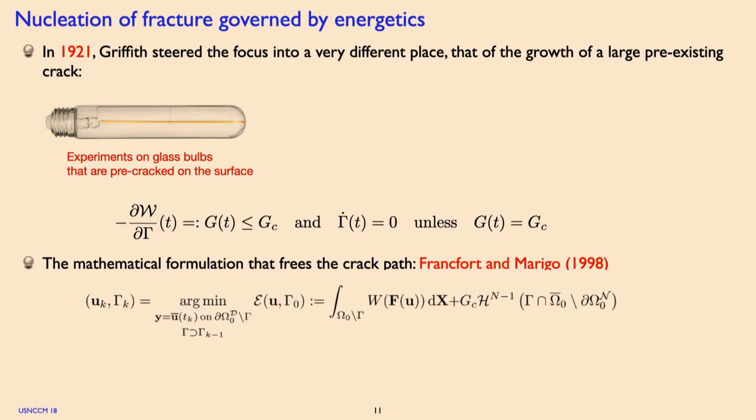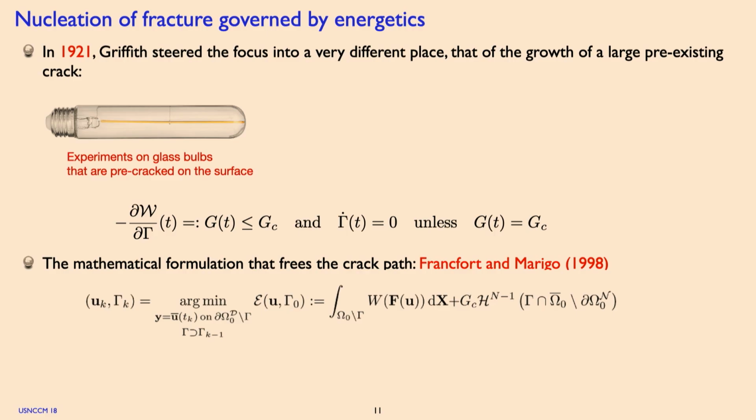break? Okay? Griffith was focused on a very different question. Griffith, in his famous experiments on glass bulbs, okay, that were pre-cracked and then once again pressurized, but there was a large pre-existing crack on the surface, right? And what we know from elasticity theory is that the state of stress ahead of the crack tip exceeds the strength, right, as soon as you apply any load, okay?